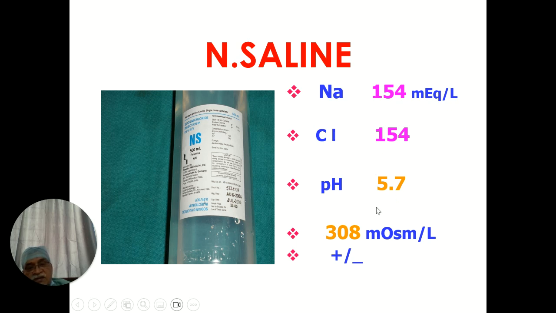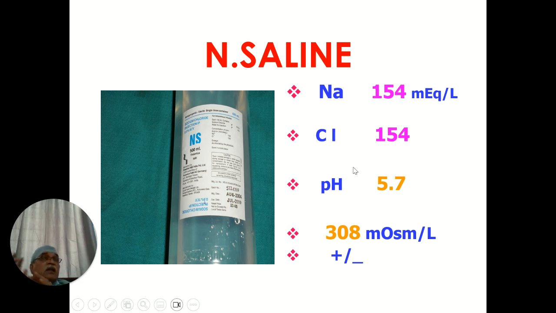Upper GI losses, where there is a loss of gastric juice, which contains sodium, potassium, chloride, and hydrogen. So these are the things which are lost. Normal saline will replace the sodium, the chloride, and the hydrogen ion also because it is an acidic solution.